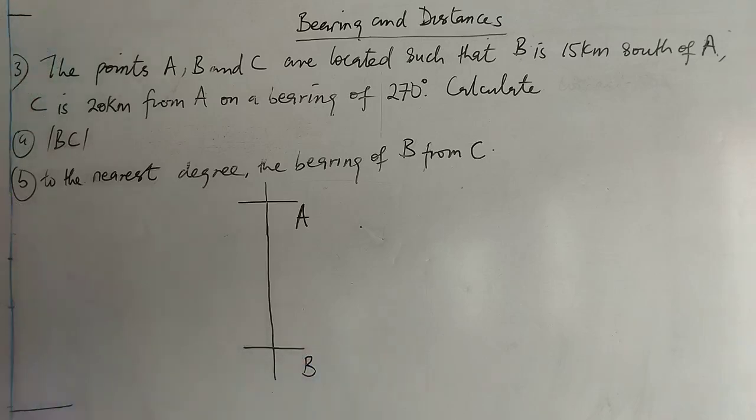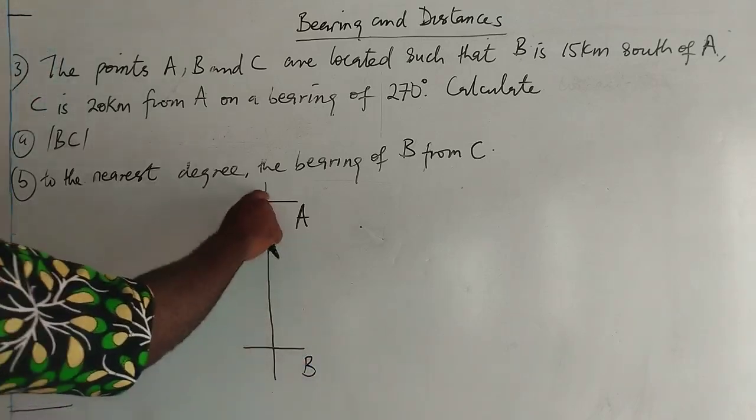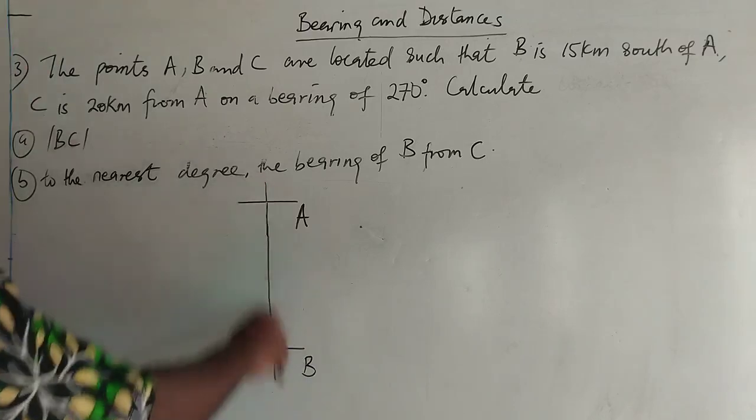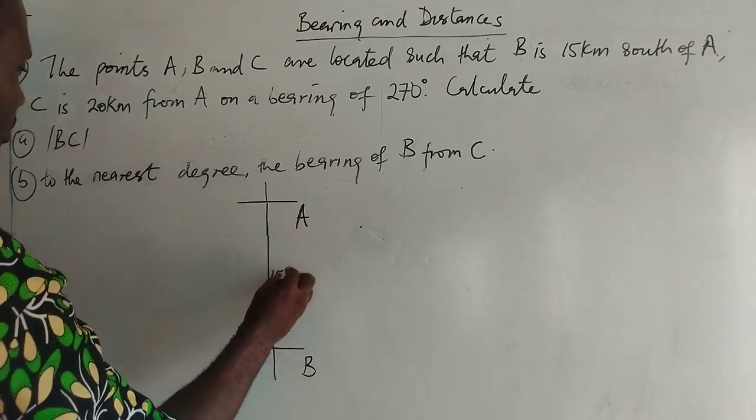So that is your B. So B is south of A, 15 kilometers.